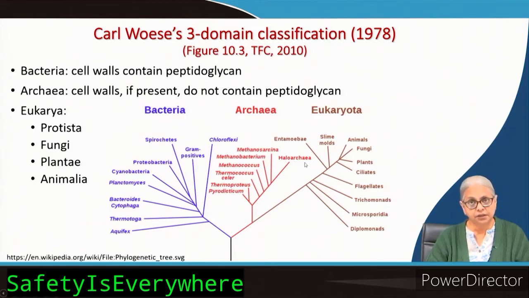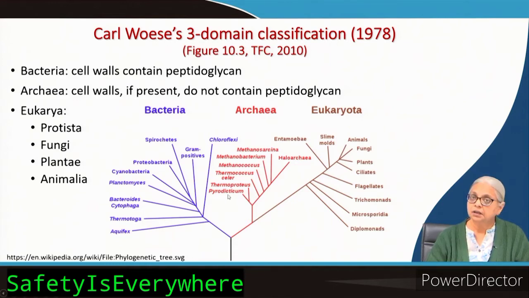Halobacteria, or haloarchaea, are the ones that survive in saline environments. They are used to high levels of chloride or salinity. You have these methanogenic bacteria. They are capable of generating methane, and for those of you who know about wastewater treatment, you know that biogas is generated in anaerobic digesters by methanogenic bacteria along with other bacterial species.